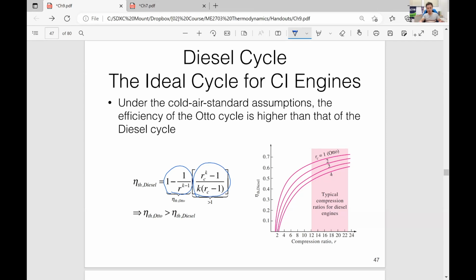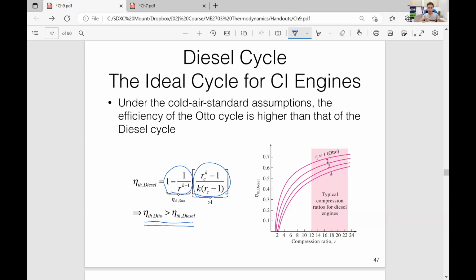So that tells us that the efficiency of an Otto cycle is larger than the efficiency of the corresponding diesel cycle if the compression ratio is the same, and if the specific heat ratio is the same.